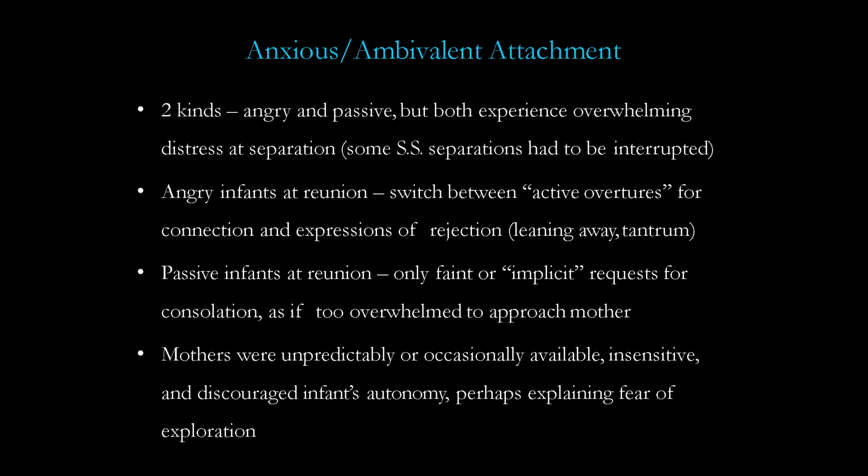Both experience overwhelming distress at separation, but the angry infants at reunion would switch between active overtures for connection and expressions of rejection, such as leaning away or throwing a tantrum. The passive infants at reunion made only faint or implicit requests for soothing or consolation, as if they were too overwhelmed to approach mother.